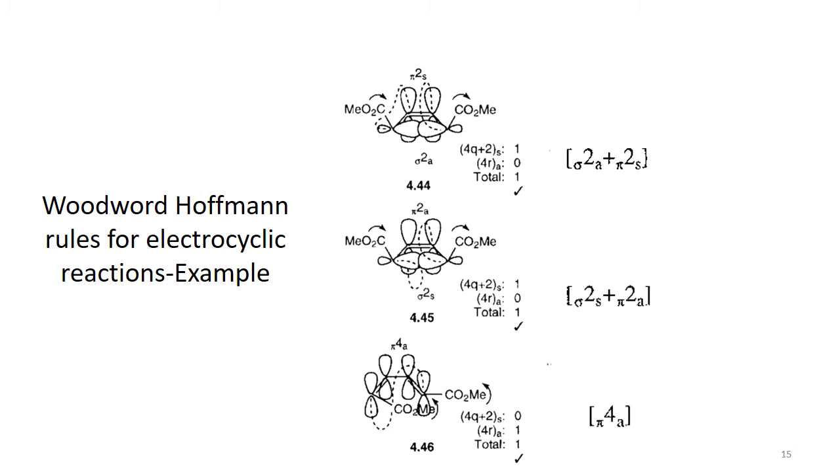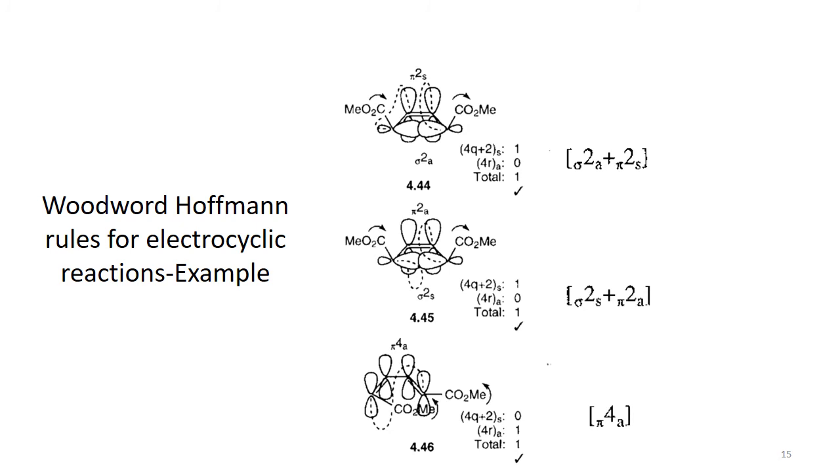But when we talk about the other part of the reaction, that is the butadiene, in case of butadiene we have only one component here. First we have to identify the component, because these are 4 electrons, so we say it is a 4 pi system. In case of a 4 pi system, we have already said that the 4 electrons can undergo thermal reaction when they go through the conrotatory mode.